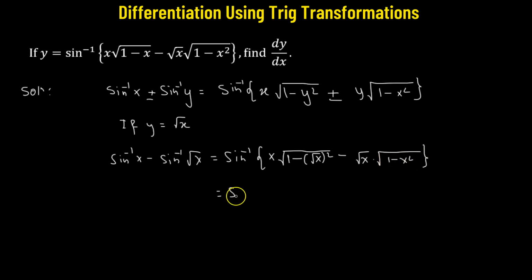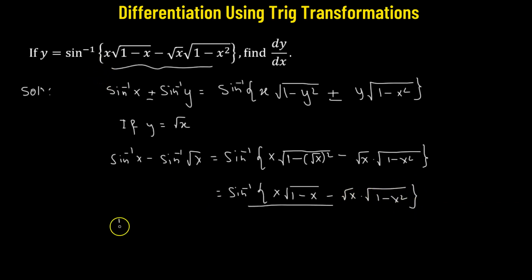So that means this will be sine inverse of x times 1 minus x minus square root of x multiplied by 1 minus x squared. This is what has been provided to us. Hence, we can say that y is actually sine inverse of x minus sine inverse of square root of x.